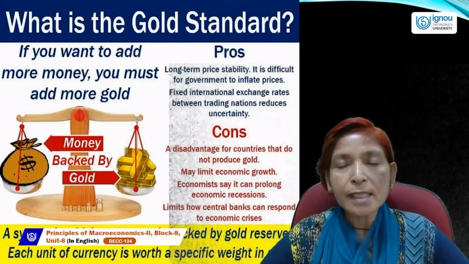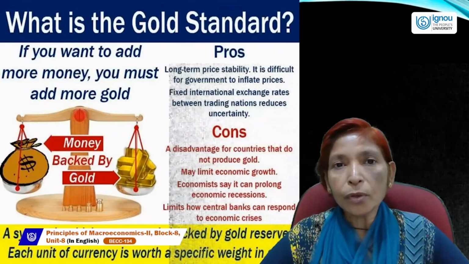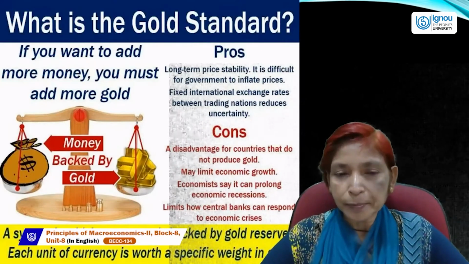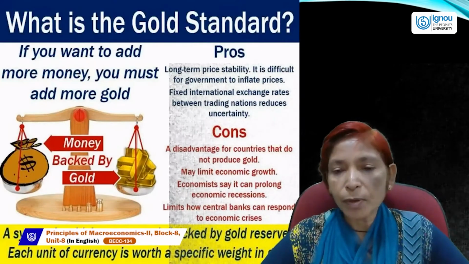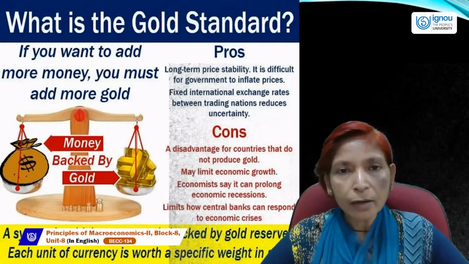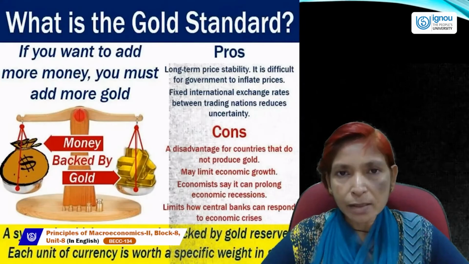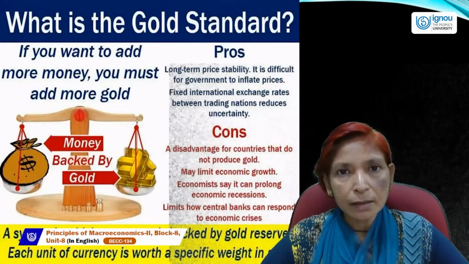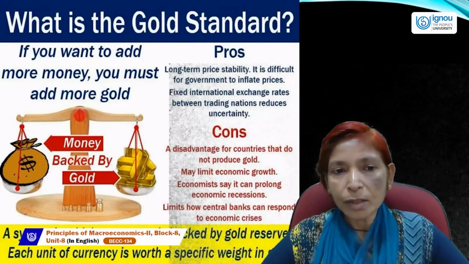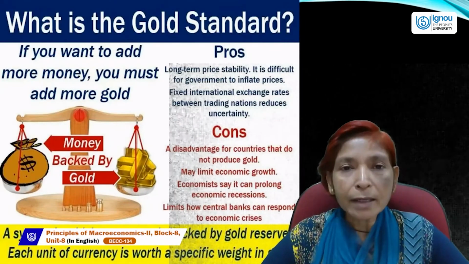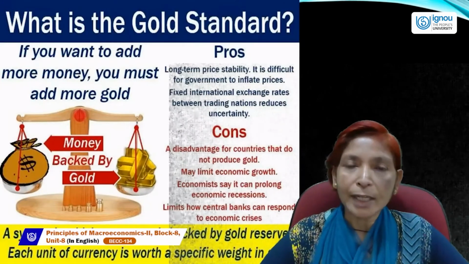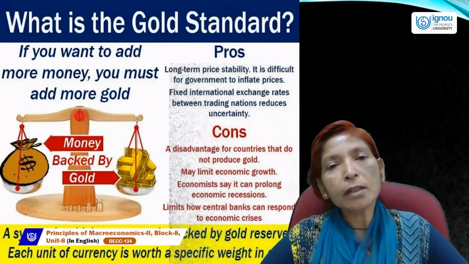You have no incentive to speculate with other countries. So no speculation is possible, no risk involved, and no uncertainty exists during the fixed exchange rate system. So these are the merits of the fixed exchange rate system or gold standard system. And what are the cons of this?